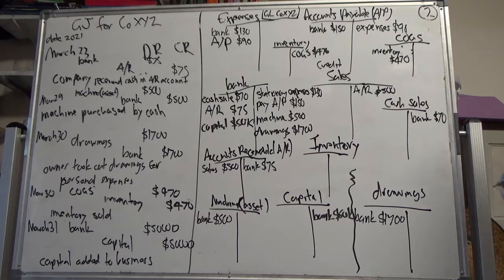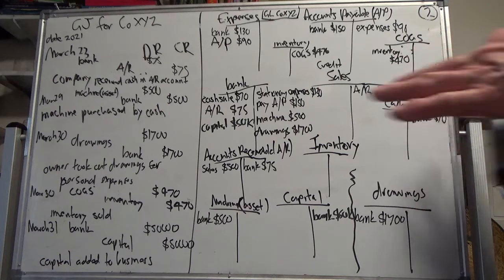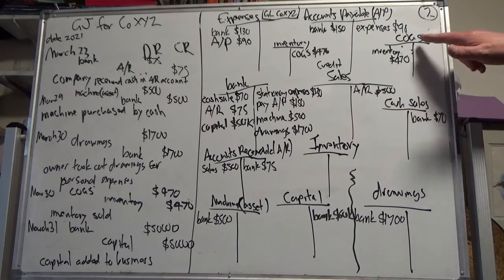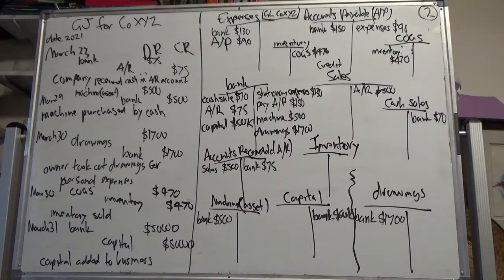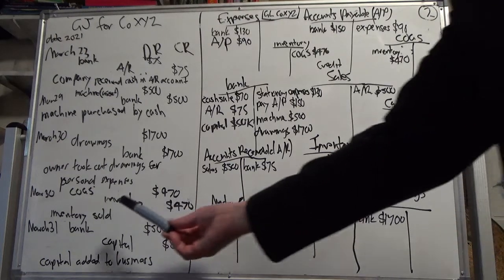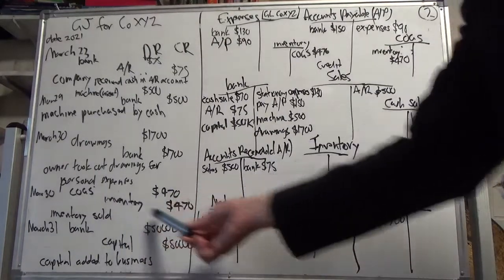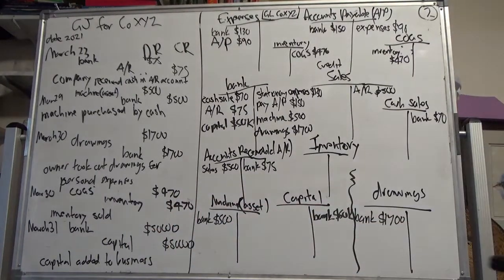With the P&L, sales is credit, expenses a debit, and I may have just made a bit of an error with just describing it, but I'll override that now. I'll just say that COGS is a type of expense in the P&L, so it's a debit item, and sales is an income. But this time around we're matching in the transaction, we're saying inventory sold, we're reducing inventory a credit, which we already mentioned.